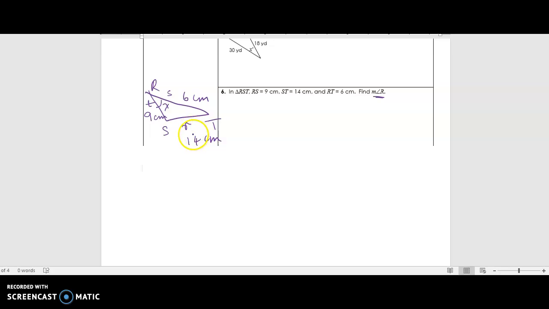Okay, that is what we need to find. Which means you have to start with R. Whatever is the opposite side of the unknown angle, that is where you need to start. So R squared equals S squared plus T squared minus 2 times ST cosine of angle R. So just substitute the values.